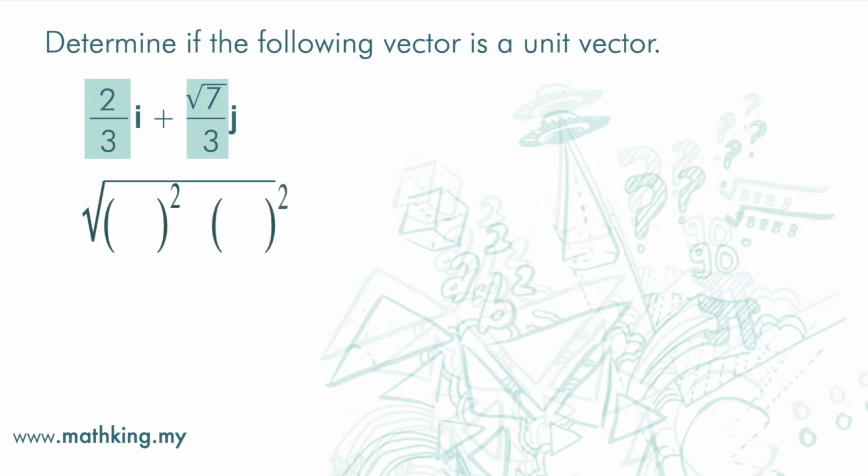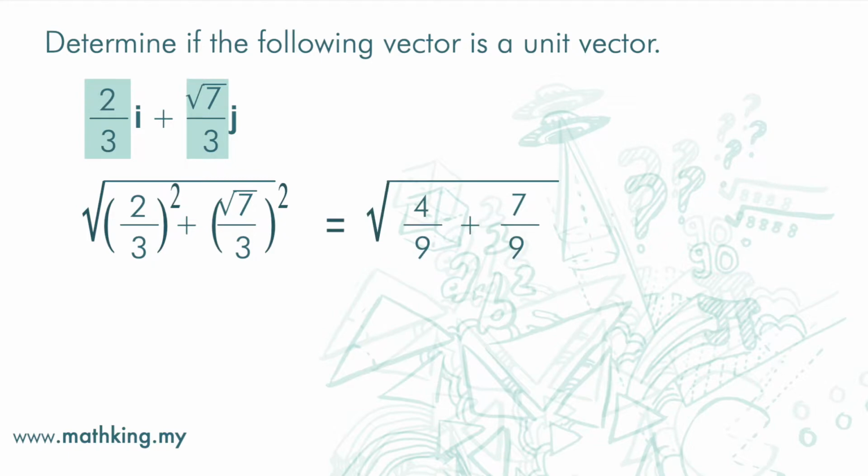Square root of 2 over 3 squared plus square root 7 over 3 squared, we get square root 11 over 9, which is not 1. So this is not a unit vector.